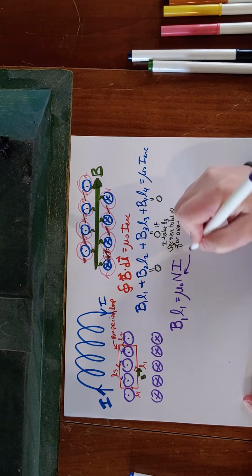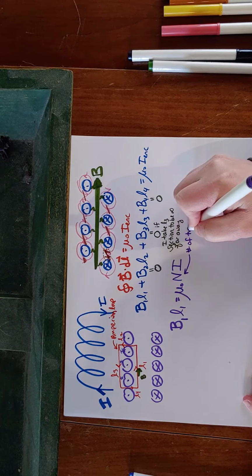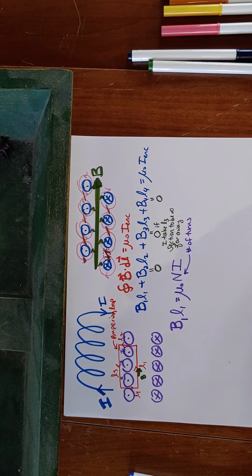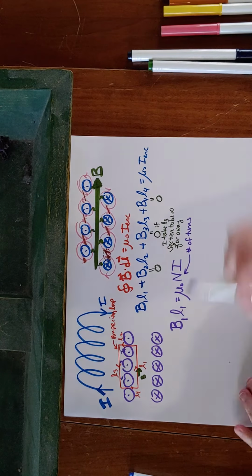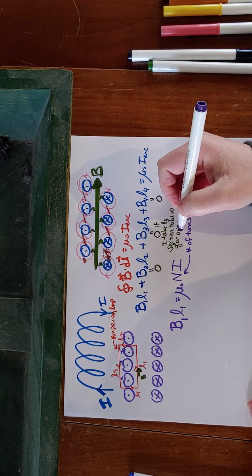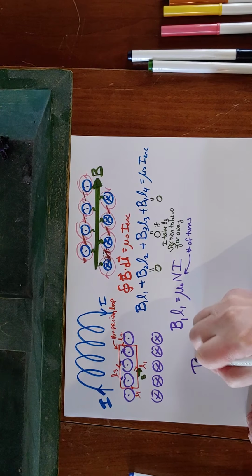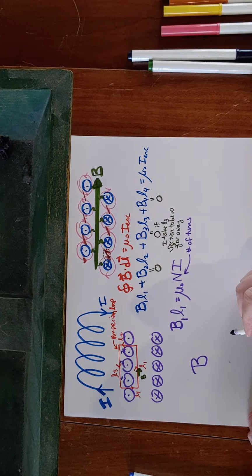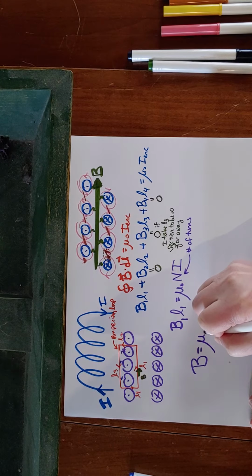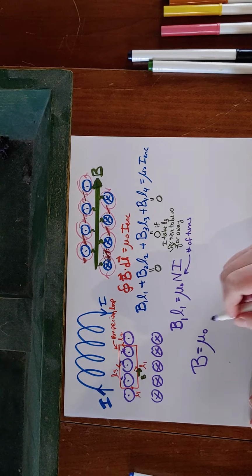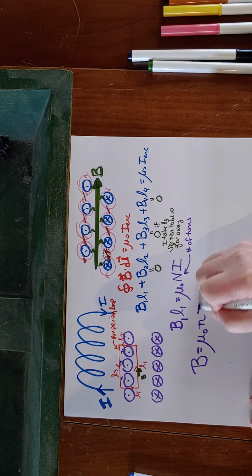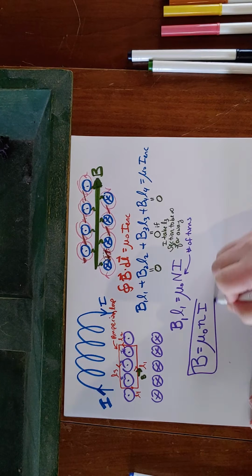Where n is the number of turns, okay? So my magnetic field inside of a solenoid is going to be this. I'm going to write it like this, and I'm going to describe what I just did in a second.